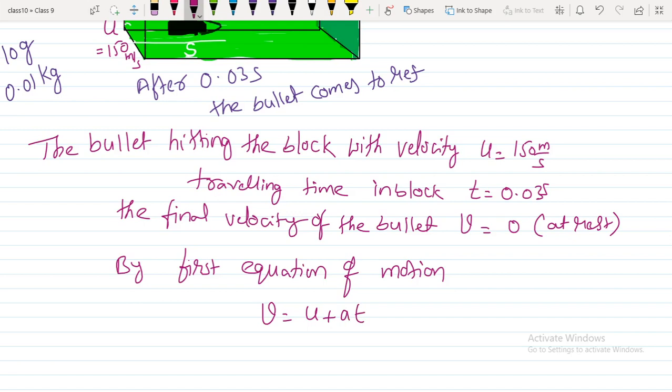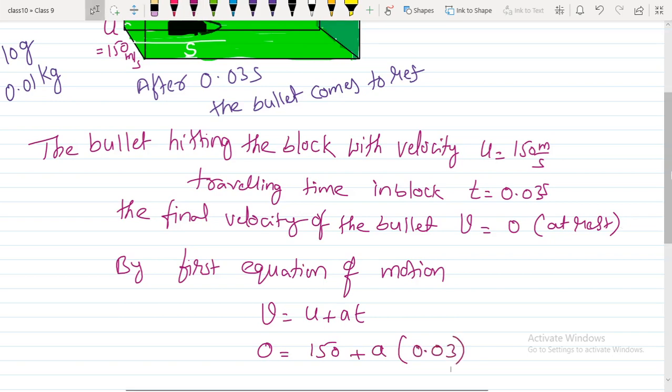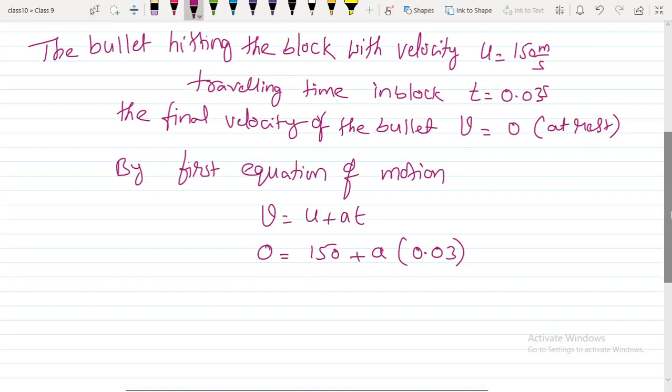So here substitute the known values. Final velocity equals 0, initial velocity equals 150, acceleration a, and t equal to 0.03. From this we get the acceleration a equal to minus 150 upon 0.03.